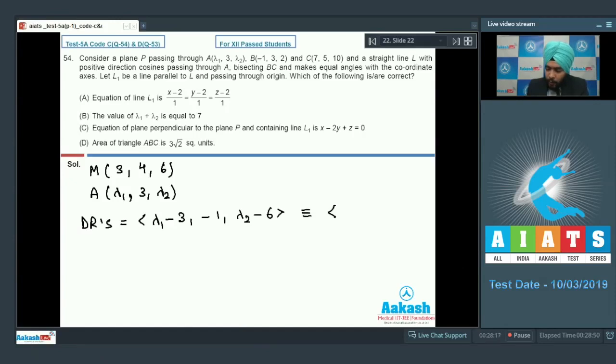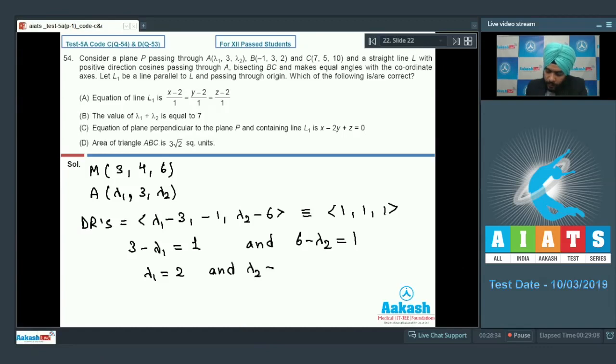And they are equivalent to 1, 1, 1 because this particular line is making equal angles with the coordinate axis. So you get 3 minus lambda 1 equals 1 and 6 minus lambda 2 equals 1. Lambda 1 is 2 and lambda 2 is 5.